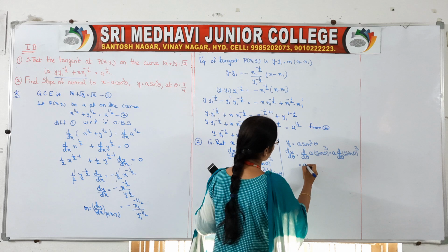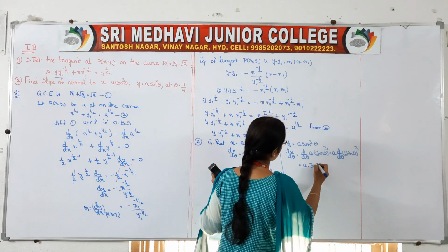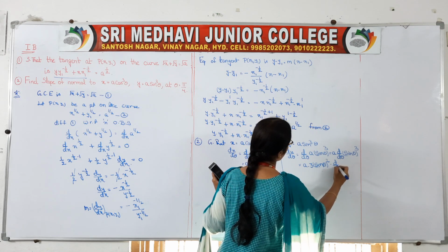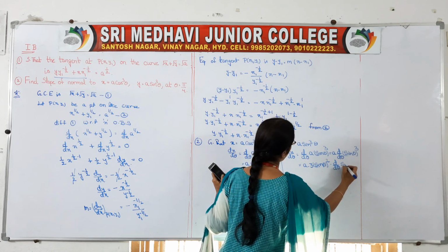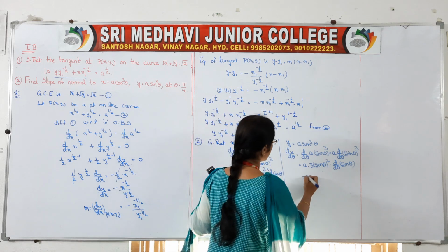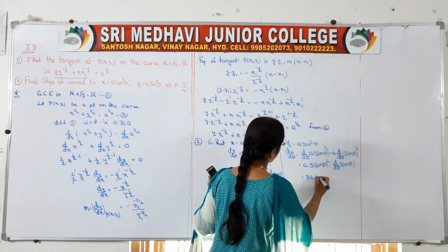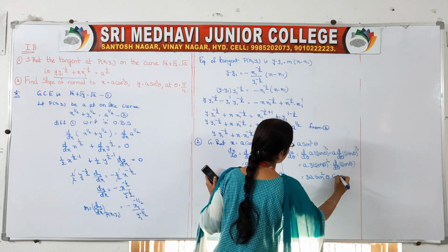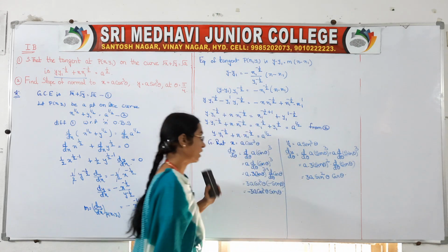So it is equal to a into 3 sin theta whole square into d by d theta of sin theta. So it is equal to 3a sin square theta, d by d theta of sin theta is cos theta.